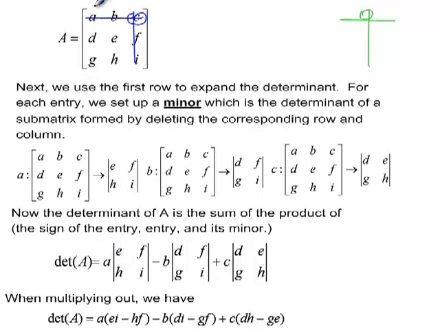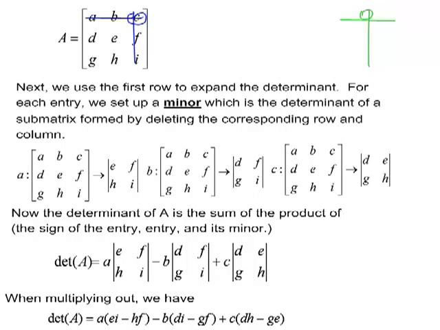One last thing is that each entry is associated with a sign, plus or minus. The first entry in the matrix is always a plus, and the signs alternate: plus, minus, and so on. So A will be positive, B will be negative, and C will be positive. The determinant of A is defined in such a fashion.